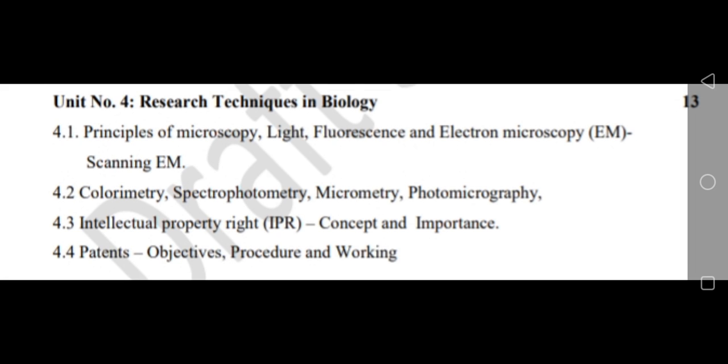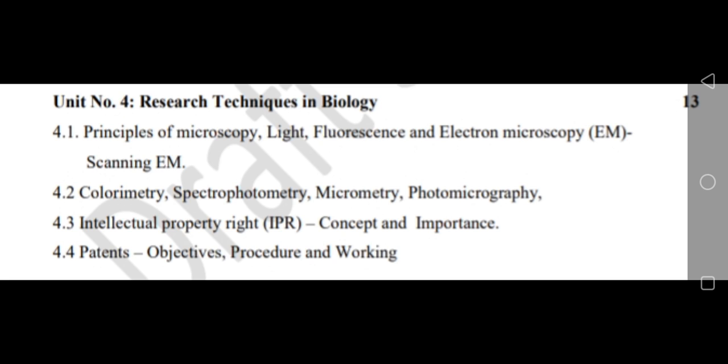Unit 4, research techniques in biology. The 4.1 is for microscopy. Here in this unit we will learn the light microscope, fluorescence microscope and electron microscope. The electron microscope has two types, scanning electron microscope and transmission electron microscope.